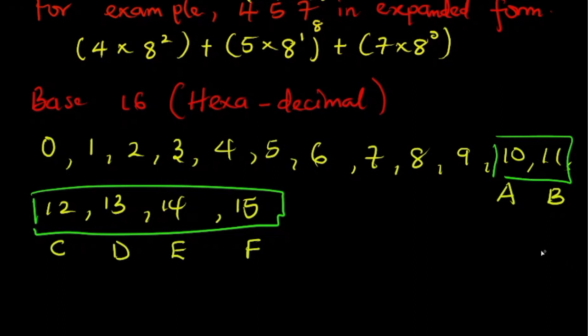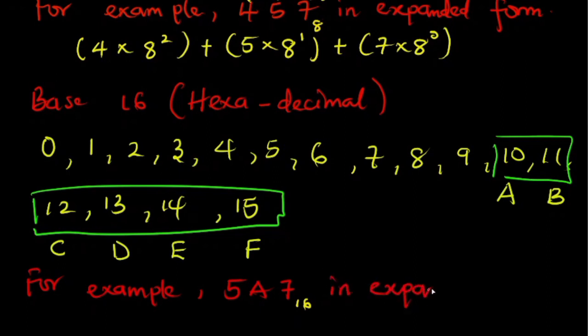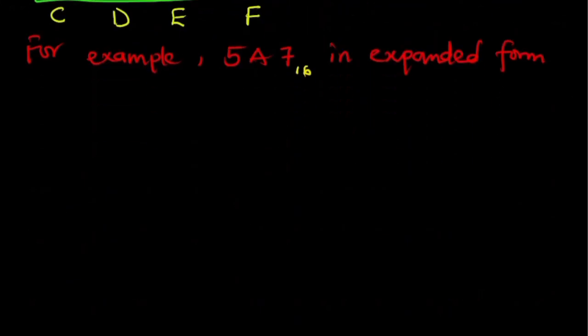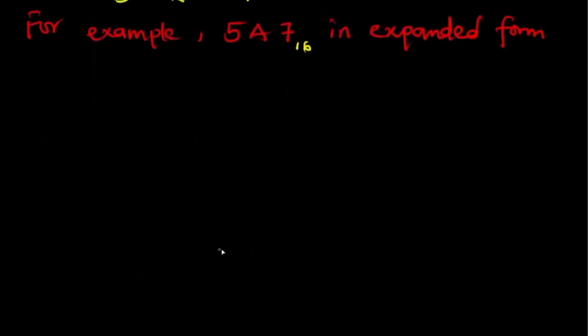So for example, if we want to write, let's say 5A7, and you see the base 16 small here, in base 16, in expanded form, now I'm very sure you've done this one on your book already, or even in your head.